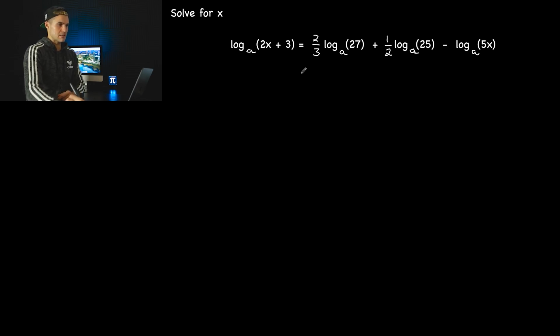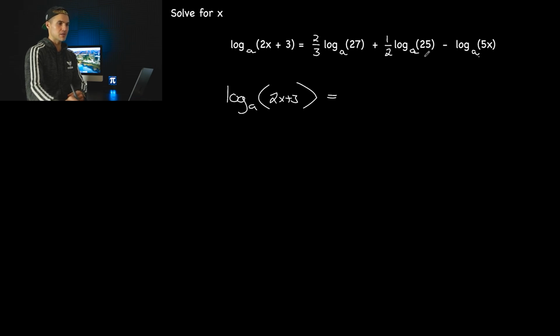Well, I'm noticing that both sides have this base of a over here, right? So maybe what we can do, because there's multiple logarithms on this right side, is we can combine it into one logarithm, right? Because we have one logarithm on this left side. We have log base a, 2x plus 3.